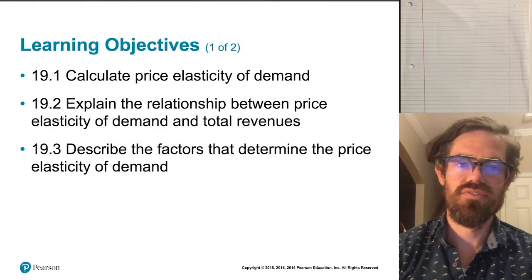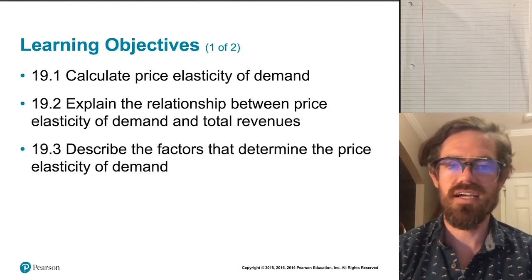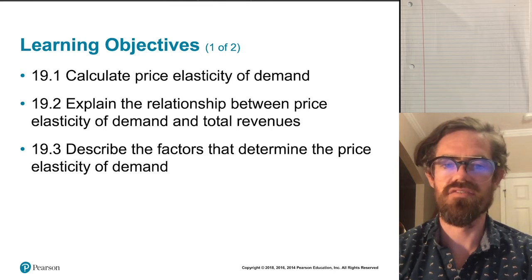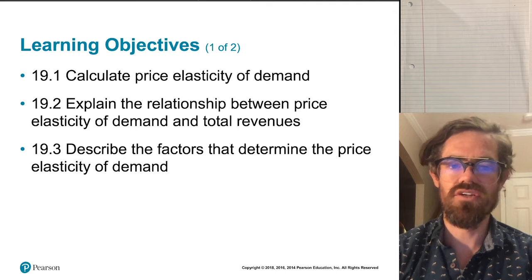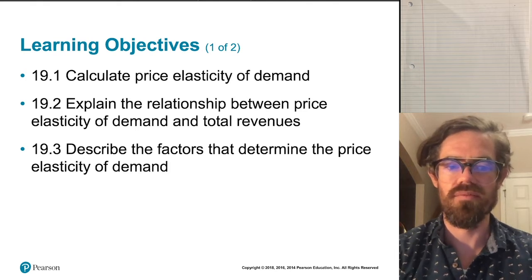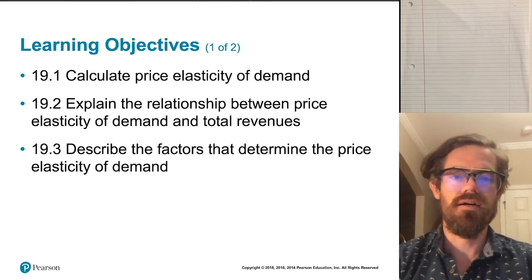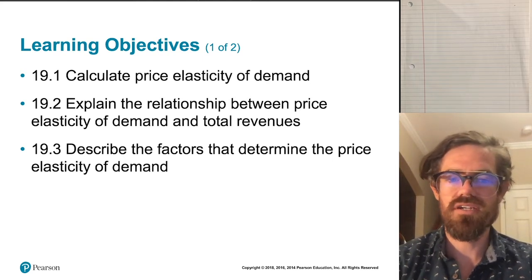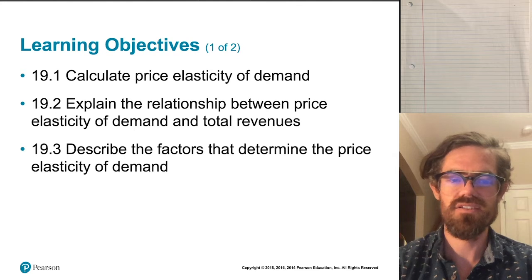So our learning objectives for this chapter are first to be able to calculate our first elasticity, the price elasticity of demand. And then in the next section, we're going to look at the relationship between price elasticity of demand and total revenues for a firm, the money that they earn by selling their product. In section 3, we're going to talk about the factors that determine price elasticity of demand. So what is it that determines what it is?